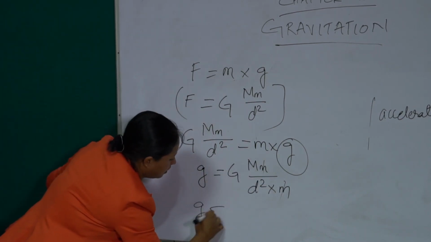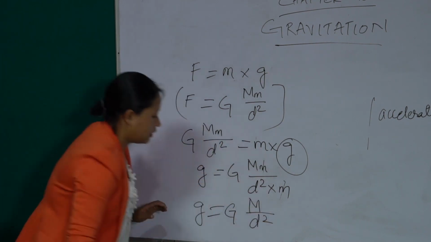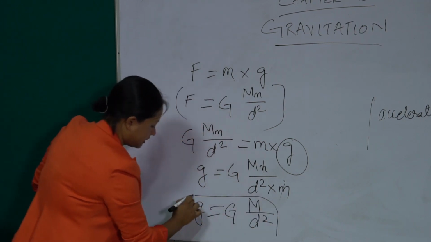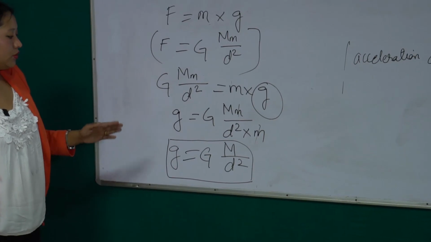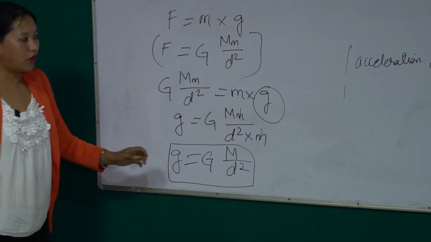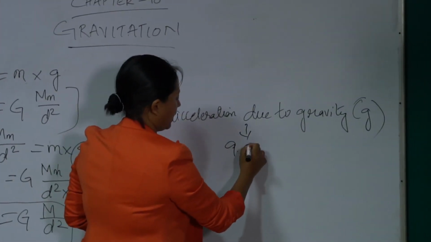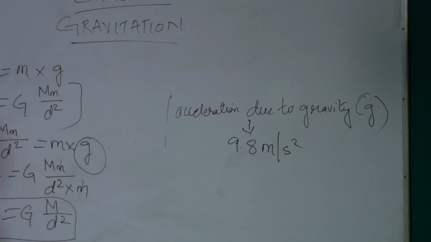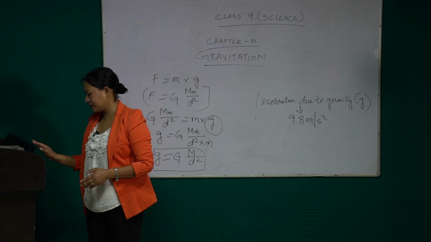So we got this expression for acceleration due to gravity, and the value of this g is 9.8 meter per second square. This is the value of acceleration due to gravity.